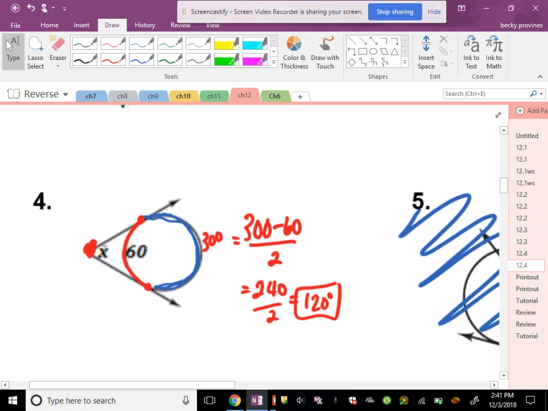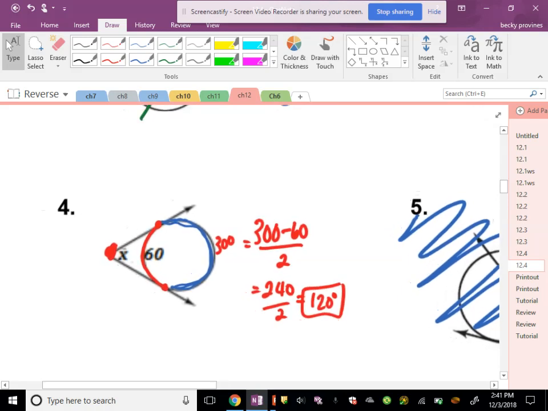For number 4, this one's tricky, so I'm just going to erase a bunch of this and start over. We know circles are 360 degrees. And I also know this blue area is 60 because it tells you. So I need to find this red area. So I'm going to take 360 minus 60, divided by 2.